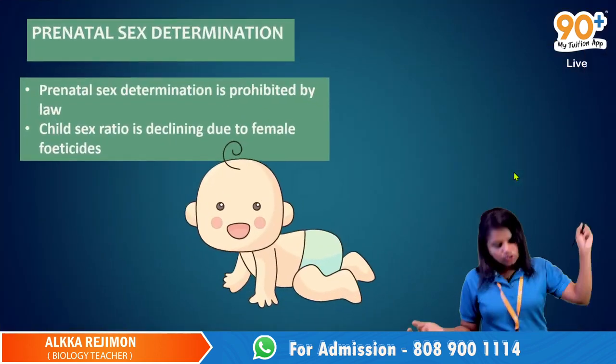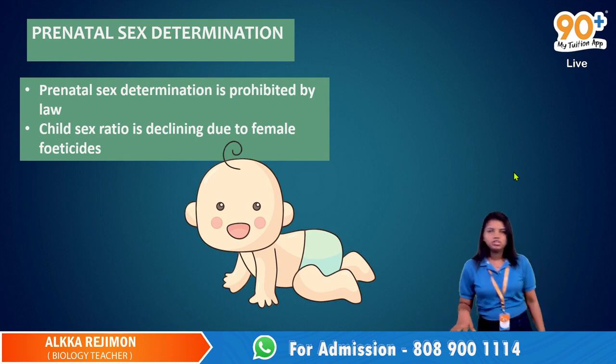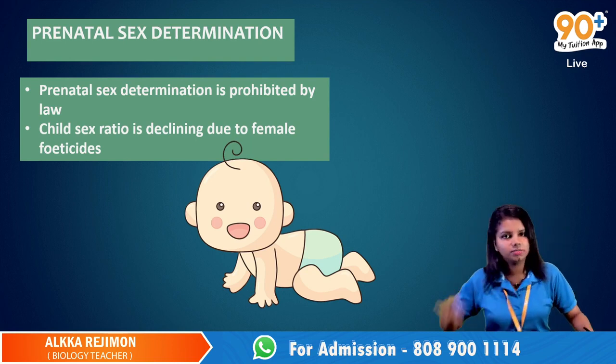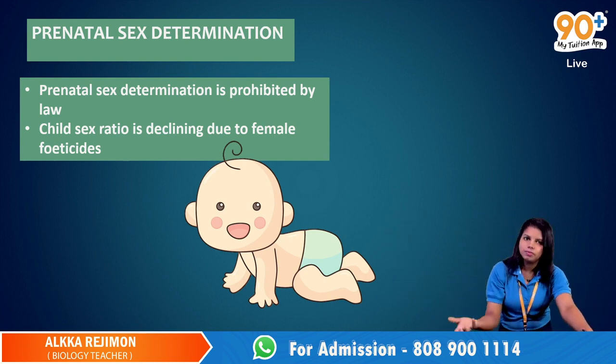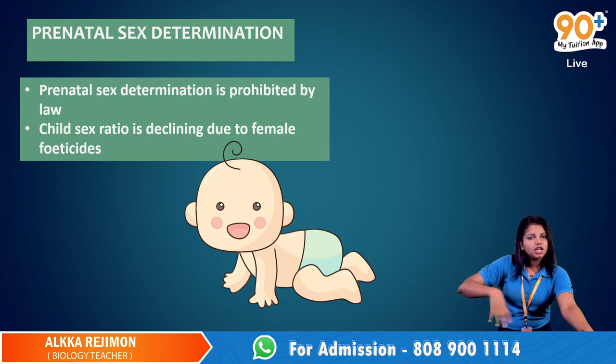And the final topic I want to add to this chapter is prenatal sex determination. Prenatal sex determination is basically determining the sex of the baby before it is born. This is prohibited in India completely by law.